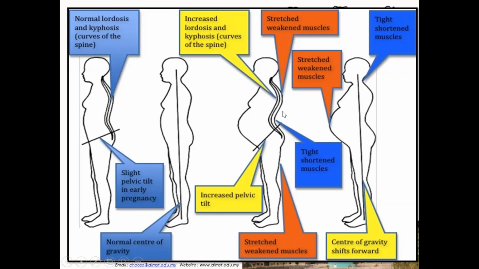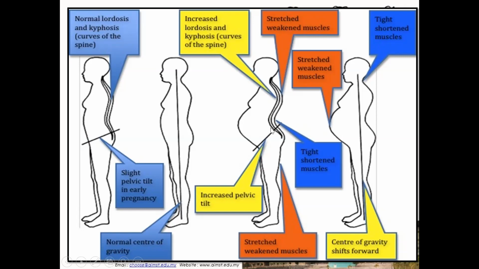Is that clear? So first the change will be in the spine, in the lumbar region. Because of the distending abdomen, the spine will be pulled forward. So when it is pulled forward, that will increase the lordosis. So when it is increased in the lordosis, automatically to compensate that, kyphosis also will be increased.